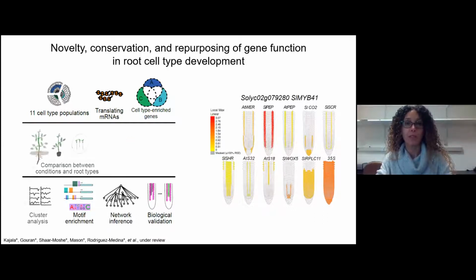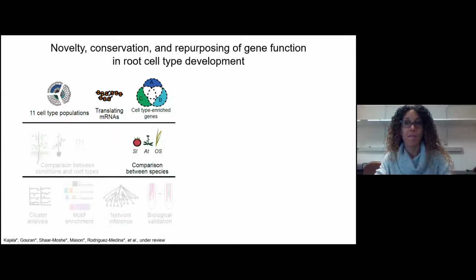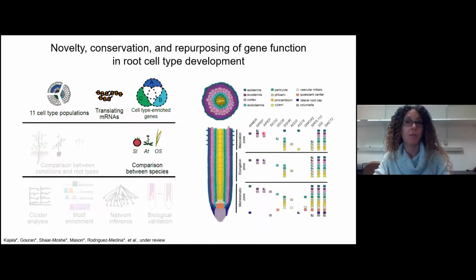We also identified a set of core genes and modules that are expressed in specific cell populations in plants that grew in 3 different environments and developmental stages. And finally, we explored the translatome conservation of homologous cell populations using 5 cell types out of the 11 that we obtained. And these 5 are common between all 3 species.